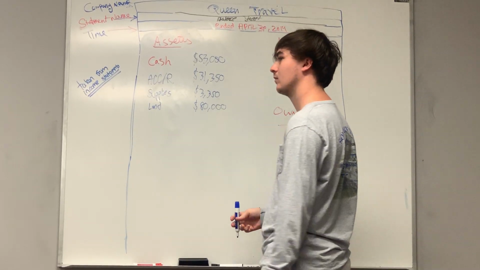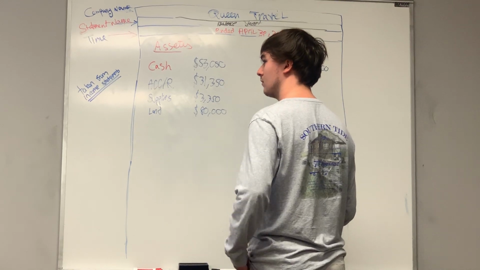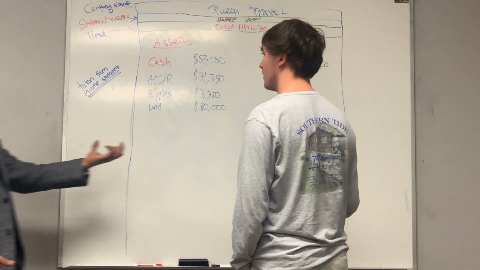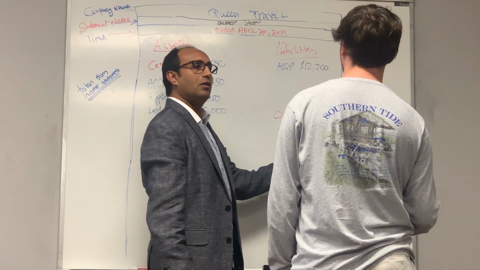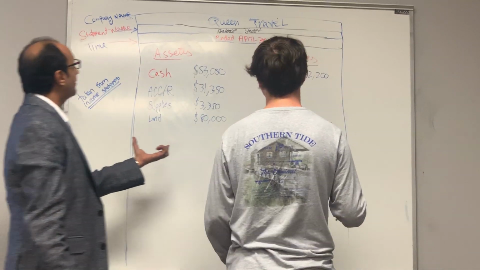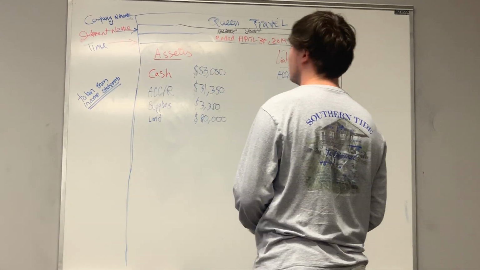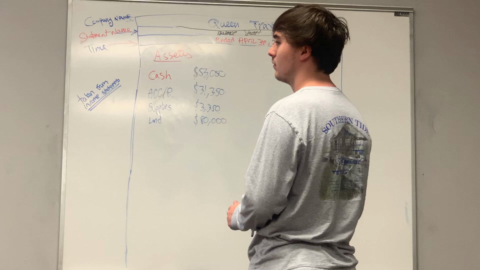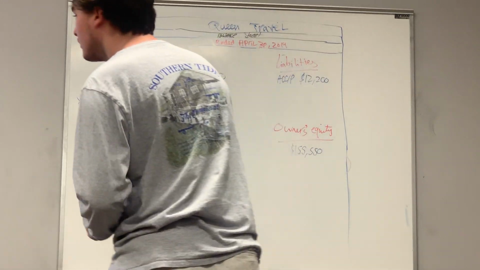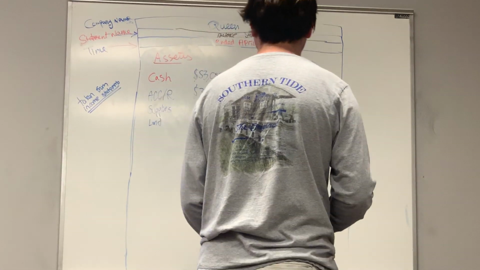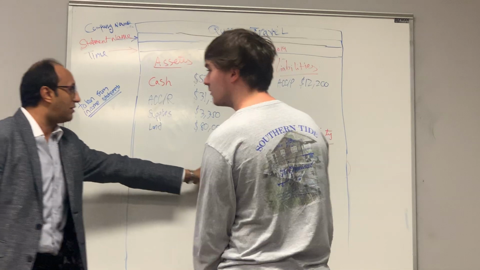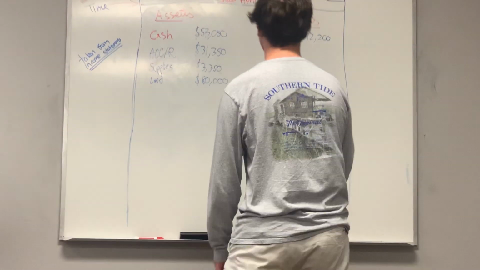But you have to write down the owner's name here. Whose owner equity is this? Not Queen Travel. The owner equity for Mr. Ibrahim Morris. You have to write down here, Mr. Ibrahim Morris.